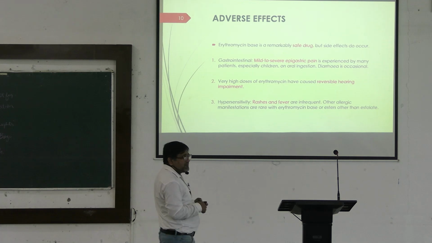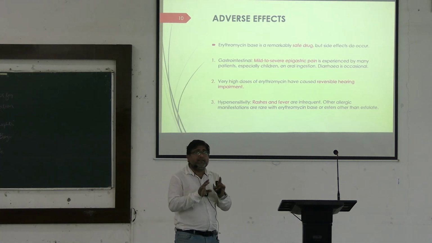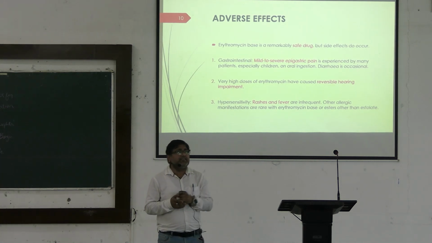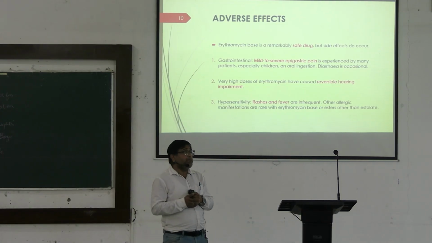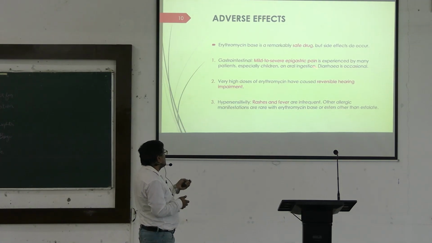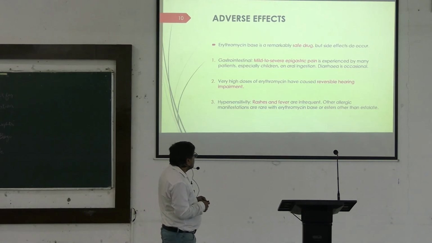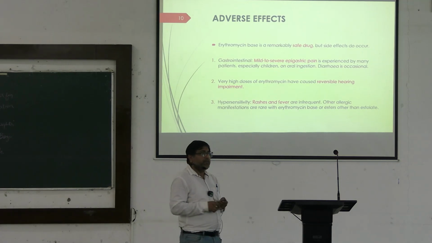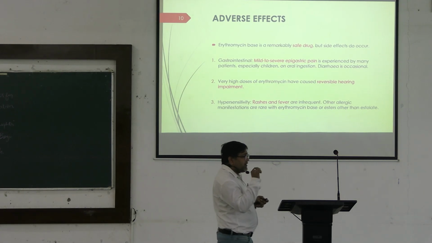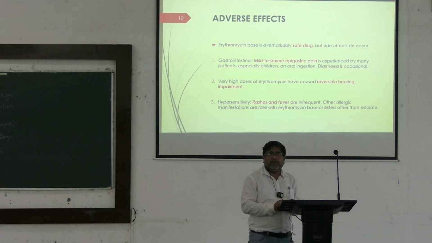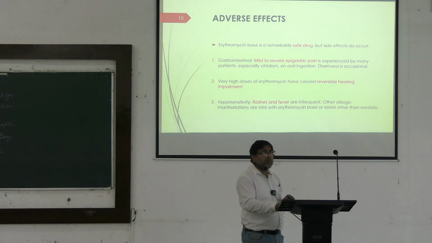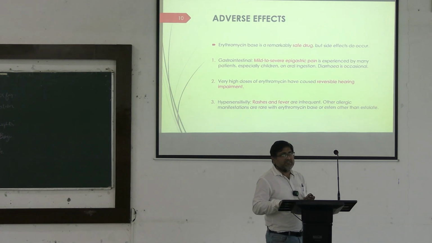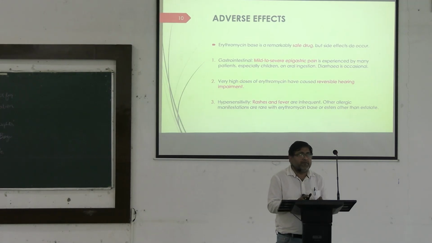Now coming to the side effects. Side effects are milder, generally gastrointestinal, including mild to moderate epigastric pain, particularly in children on oral ingestion. Diarrhea can be seen. Why is this epigastric pain seen? This is because erythromycin acts as an agonist to the motilin receptor.